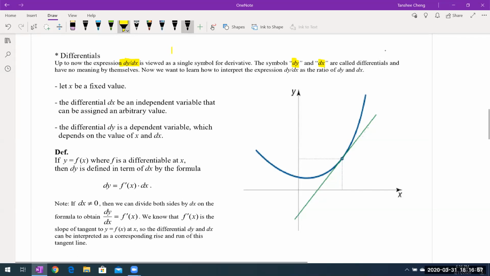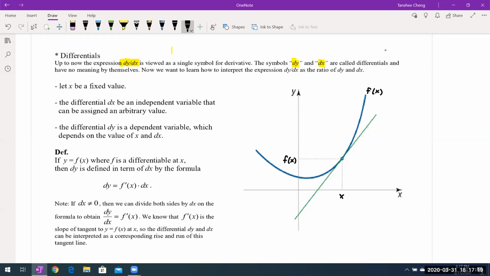So as usual, we can say let x be a fixed number. So I can say here's my x, and for this function f of x, this becomes my f of x value.